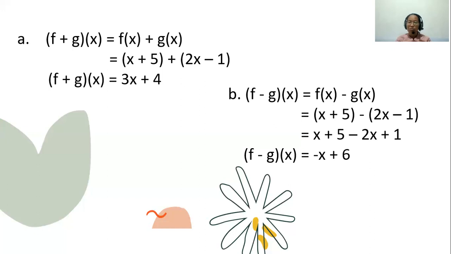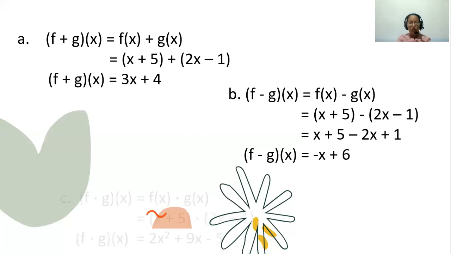That is actually the same as multiplying negative 1 to the terms inside the parentheses. Thus, (f - g)(x) is equal to -x + 6. Why? Combining x and -2x is -x, and 5 + 1 is positive 6.